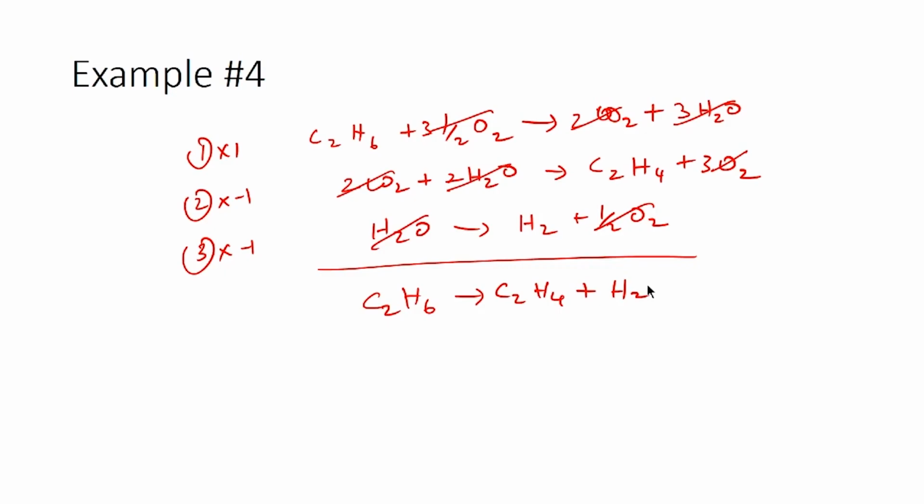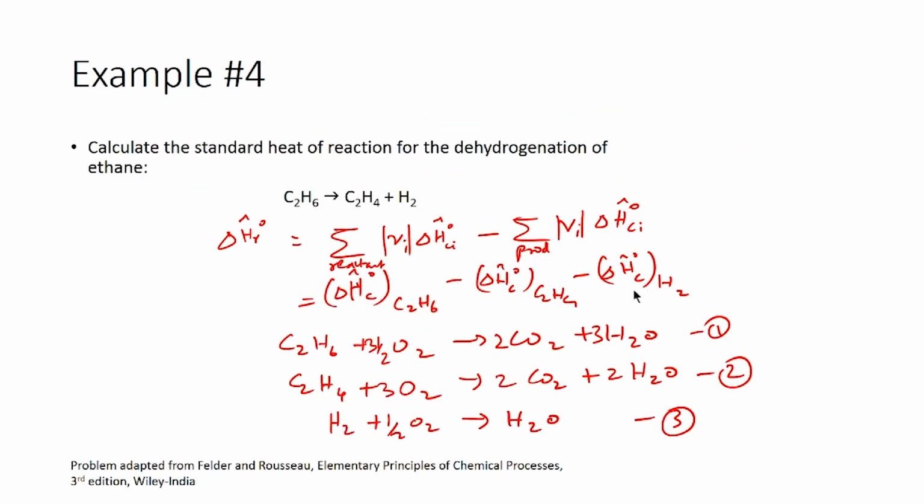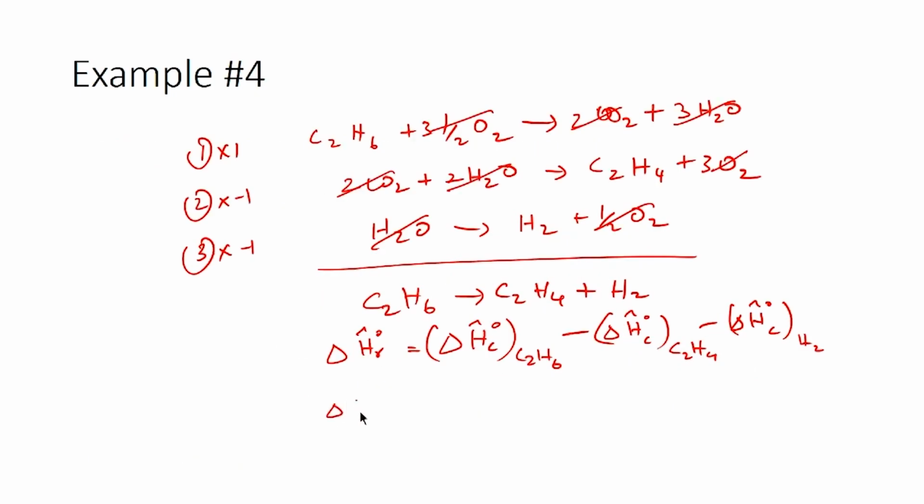So the operation we did was 1 times reaction 1 minus 1 times reaction 2 minus 1 times reaction 3, which means your delta H_R would be equal to the heat of combustion for C2H6 minus the heat of combustion for C2H4 minus the heat of combustion for hydrogen. So this is the same as the equation which we obtained from the equation given earlier. Therefore, we can calculate the heat of reaction using the heats of combustion that can be obtained from any table.